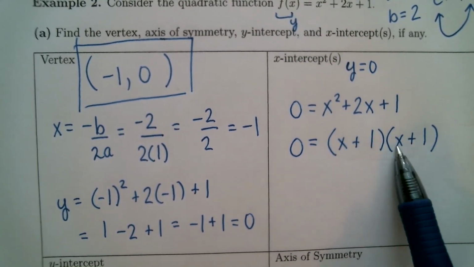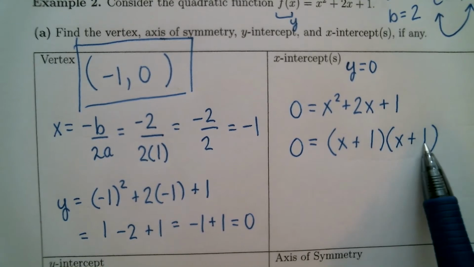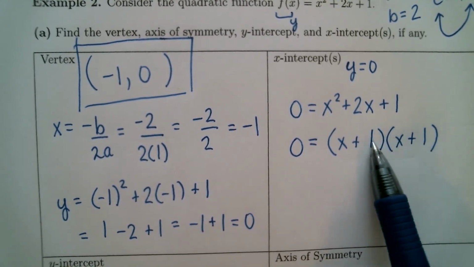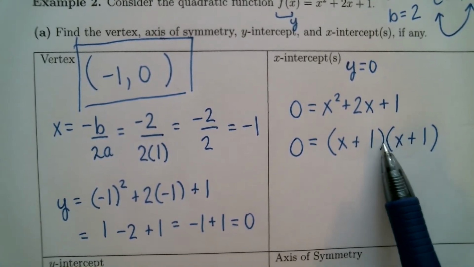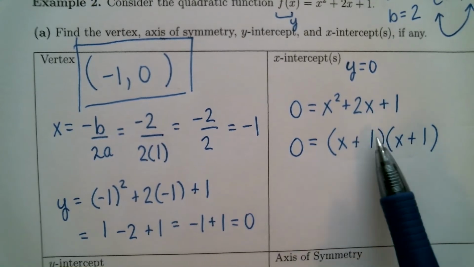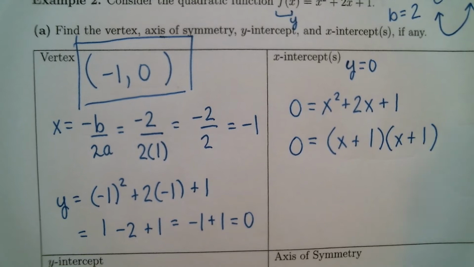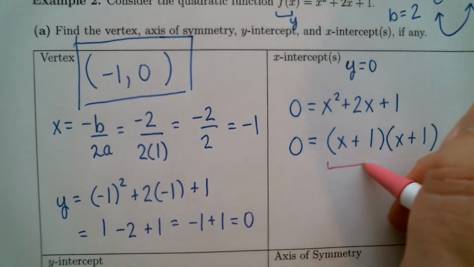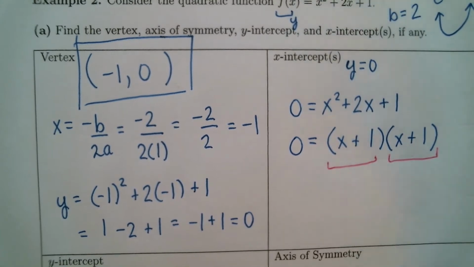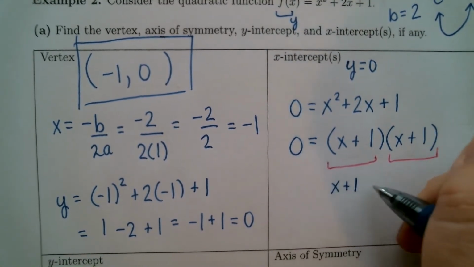This is going to be x squared, and then x times 1 is 1x, and then the insides is going to be another 1x, so that combines to give you the 2x, and then 1 times 1 is positive 1. So this works. Now we need to take each factor and set it equal to 0. Notice here that the factors are identical, so you only need to set it equal to 0 one time.